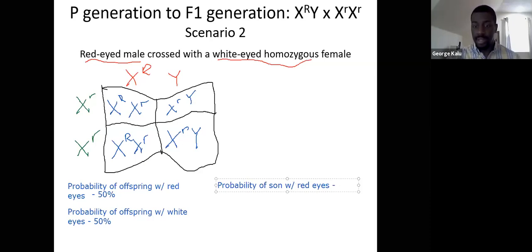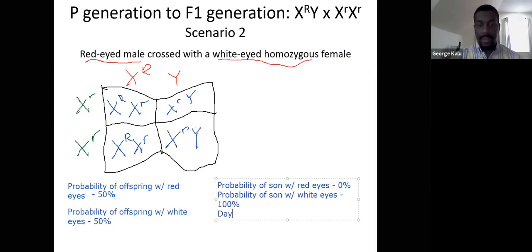So this is where things get a little bit more tricky. When we're looking at sons and daughters, you have to look at the offspring that have that particular genotype. For example, if you're looking at a son, you only want to be looking at these 2 boxes here. So what's the probability of having a son with white eyes? 100%. Good.